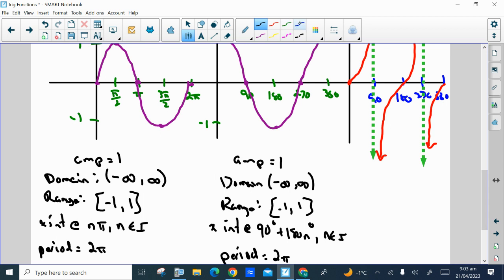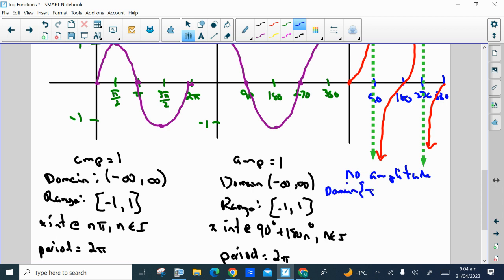There is no amplitude, because the graph extends upwards forever as it approaches the asymptote from the left, downwards forever as it approaches the asymptote from the right. Our domain is different because we have non-permissive values.